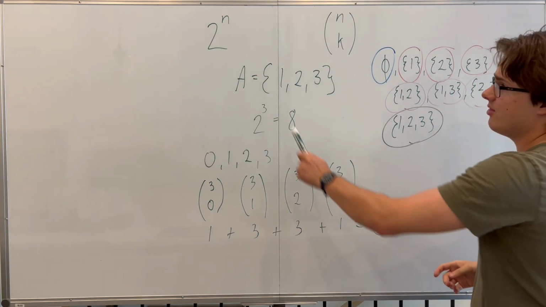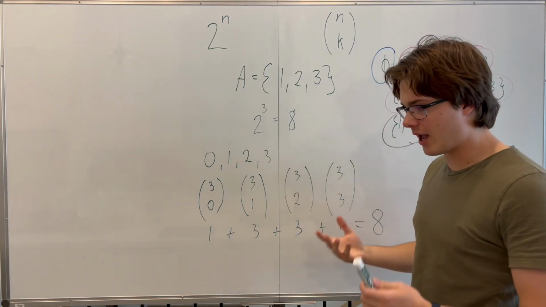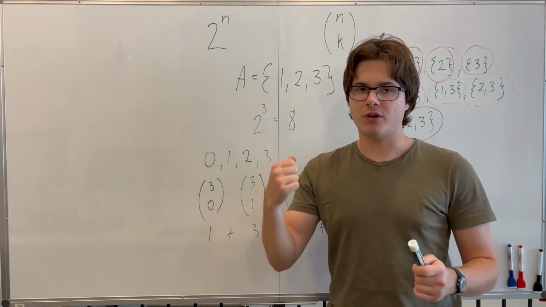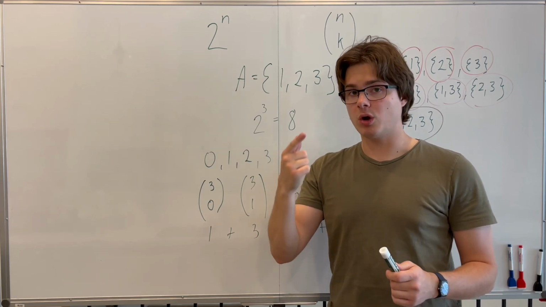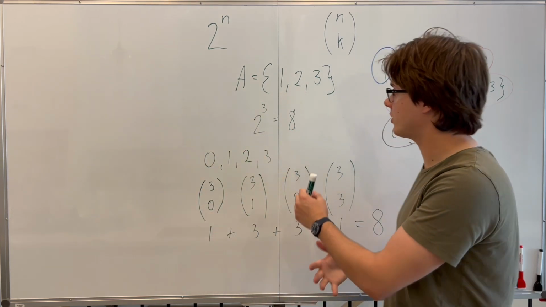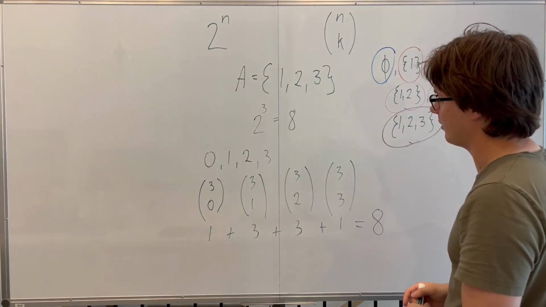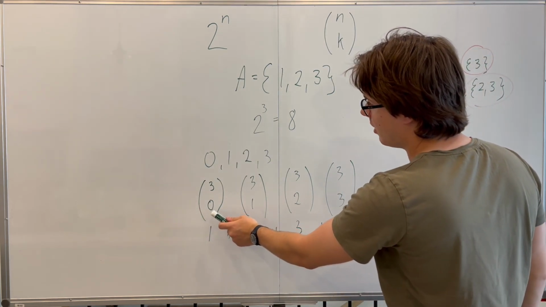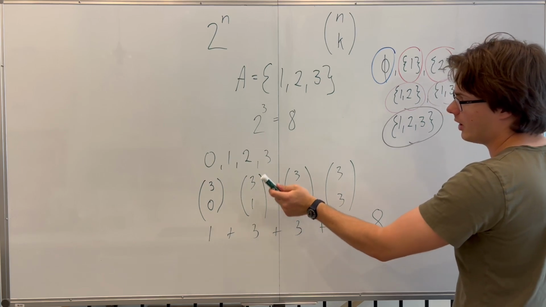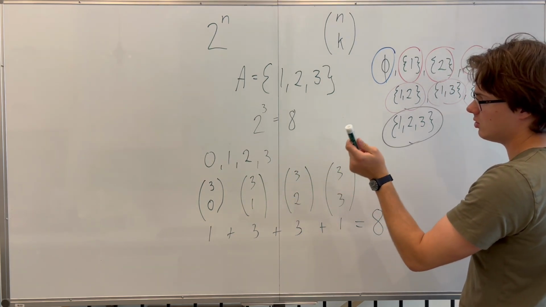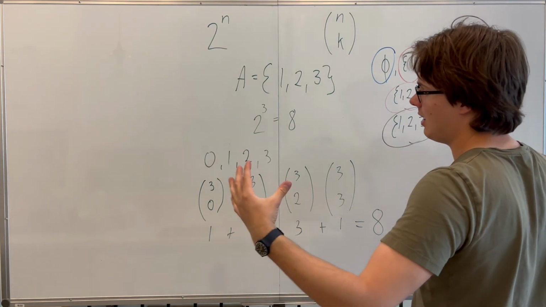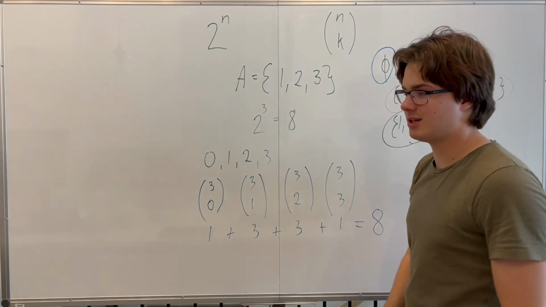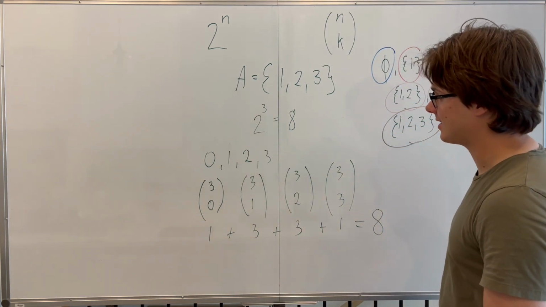Basically, this is saying, what if I choose none? What if I choose 1? What if I choose 2, 3, and so on until you get to your maximum number of elements? We're adding up all the possible ways of choosing none of them, all of the possible ways of choosing 1, all of the possible ways of choosing 2, all of the possible ways of choosing 3. Add them together, and it's the same as saying 2 to the power of 3 is in fact equal to 8.